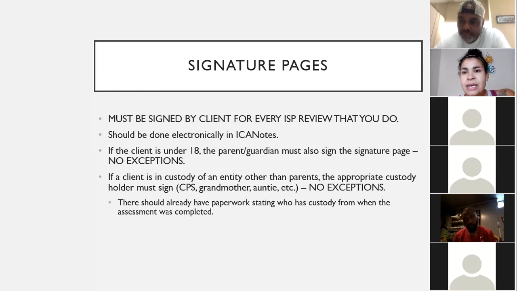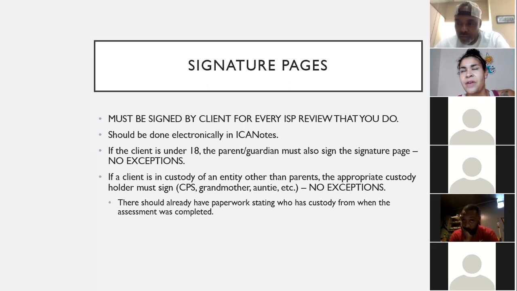If a client is under 18, their parent or guardian has to also sign the treatment plan review, no exceptions. The same thing is true if they are in custody of someone other than their parents: the appropriate custodian needs to also sign that treatment plan.